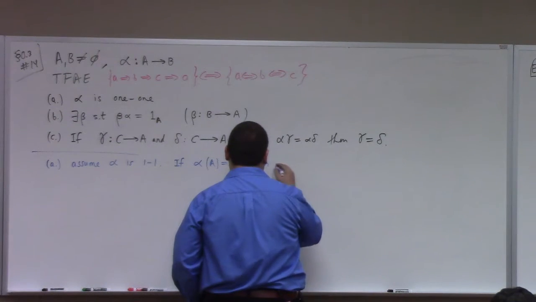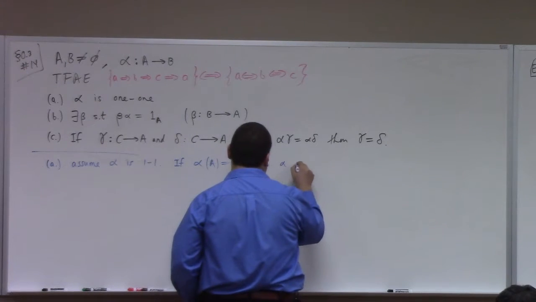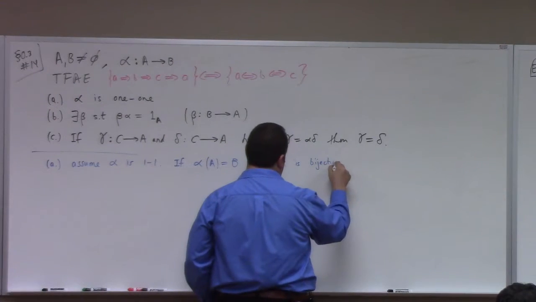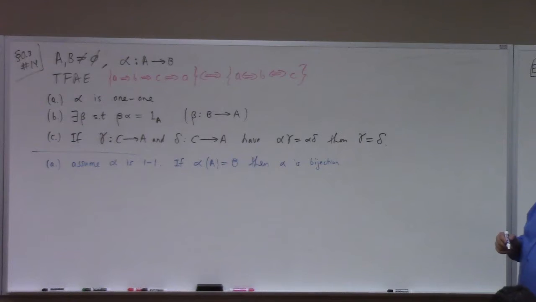You could give a more lengthy solution, but I'm just going to piggyback off something else here. If alpha of A is equal to B, then alpha is a bijection, because it's 1 to 1 and onto.